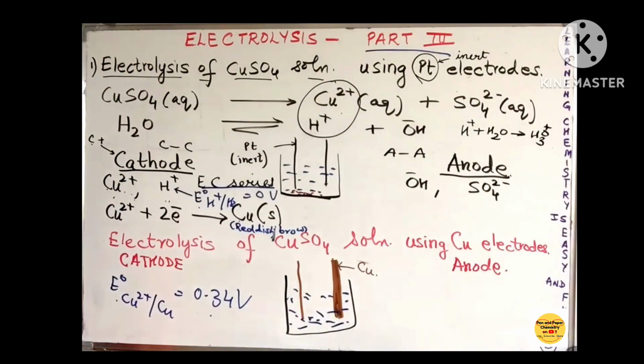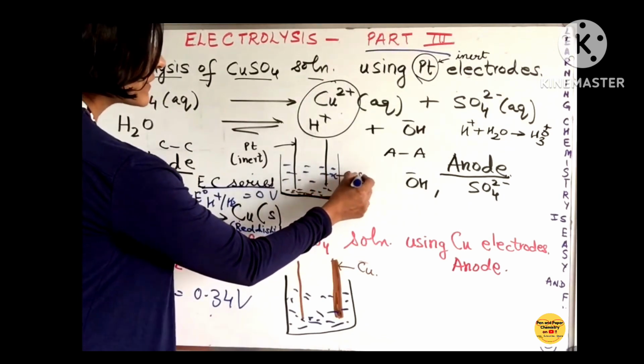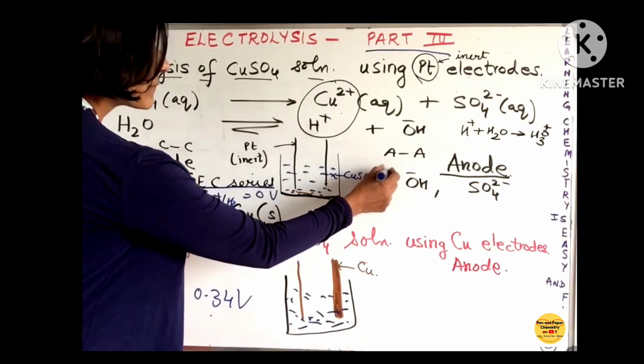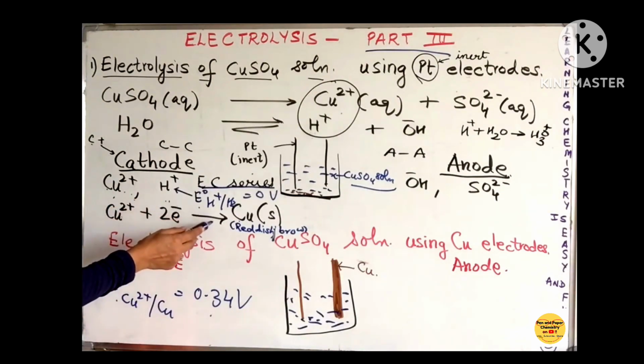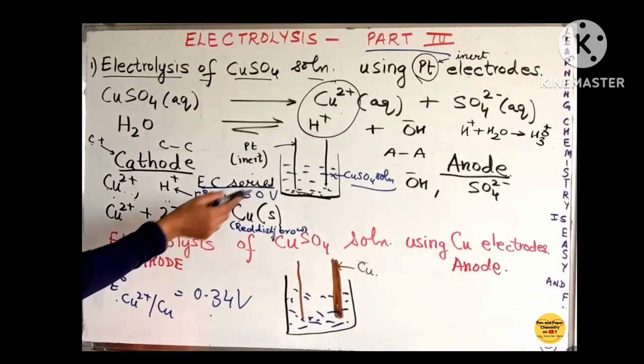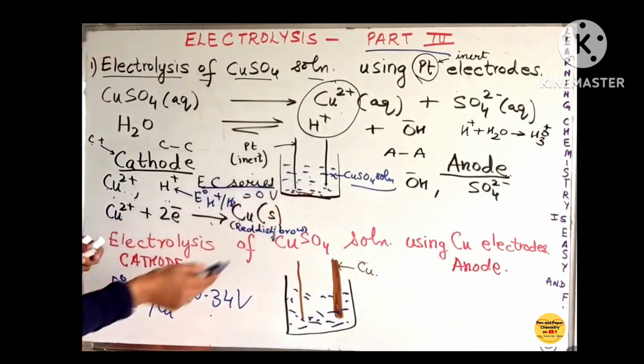What else will you notice over here? If you notice, I have drawn the blue dashes over here. The blue dashes are for the copper sulphate solution, right? Because copper ions impart blue color to the solution. Because copper ions are getting discharged, that means the number of copper ions in the solution is decreasing.